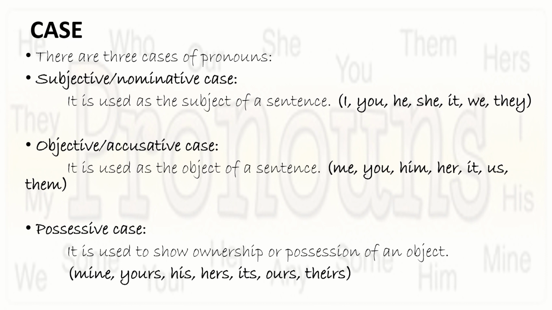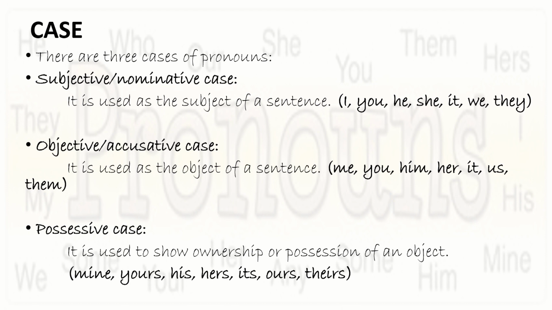So children, a pronoun is in the subjective case when it is used as the subject of a sentence. The personal pronouns that we can use as subjects here are I, you, he, she, it, we, and they. So here, a person, an animal, or a thing comes before the verb and does an action in a sentence.